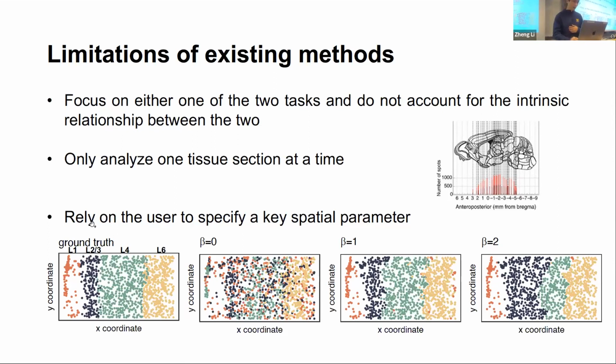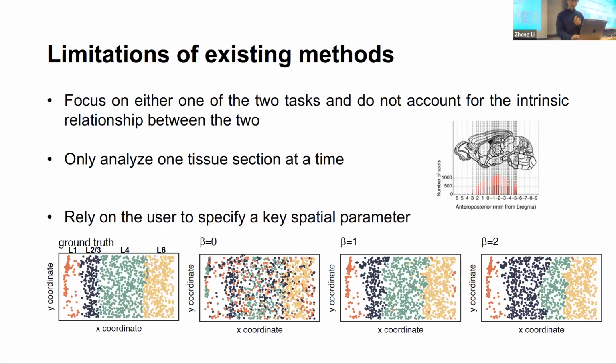And the third aspect is more on a technical side. Most of the spatial domain detection methods specify a key spatial parameter, and they use this parameter to encourage smoothness across the spatial domains, because we assume the spatial domains are smooth. However, all these methods pre-specify this value, or they just rely on the user to specify the value.